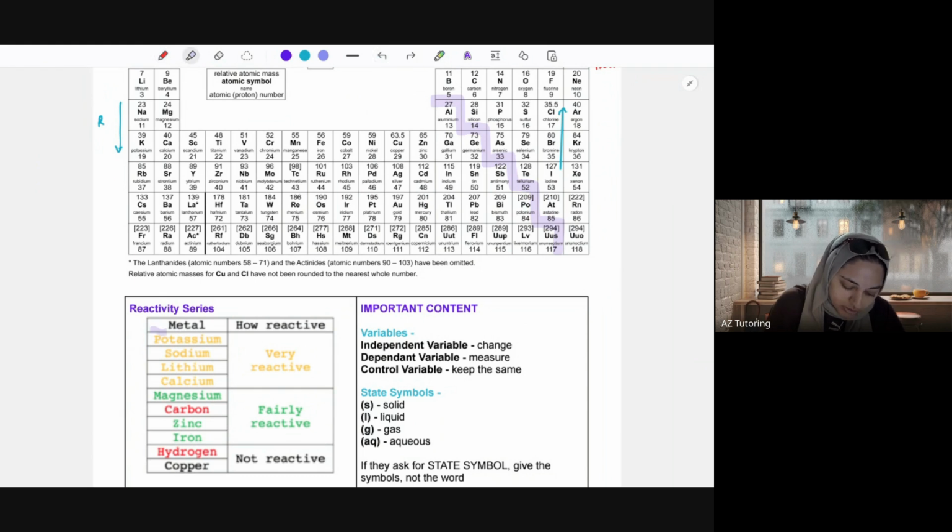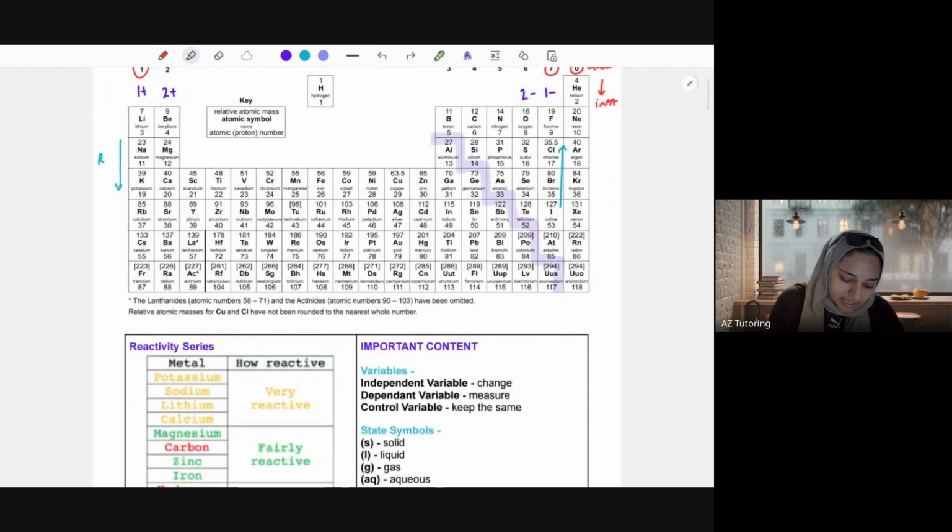I'll just highlight on the periodic table: potassium and sodium, going down, potassium being the most reactive since it's below sodium, and then sodium. It then goes on to lithium from group 1, and then it goes to group 2, so calcium, and then magnesium. So it's the same rules for group 2. You've got carbon there as well.